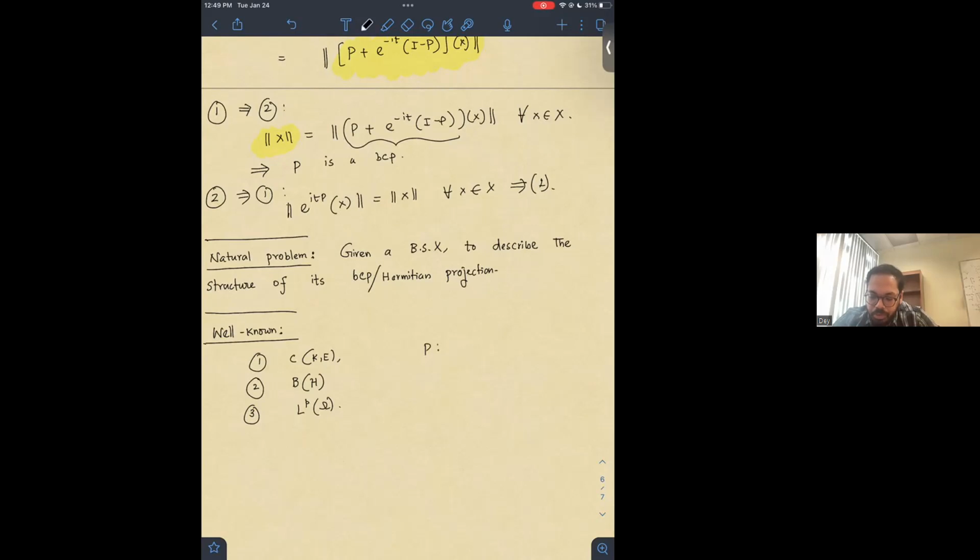For example, for C(K, E), the problem is to classify all operators from C(K, E) to C(K, E) which are bicircular projections, and they actually give you a form, let's say P(f) equals something like that. That's the main problem that people work with.